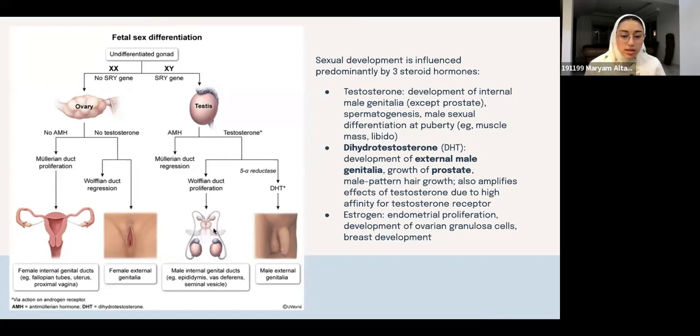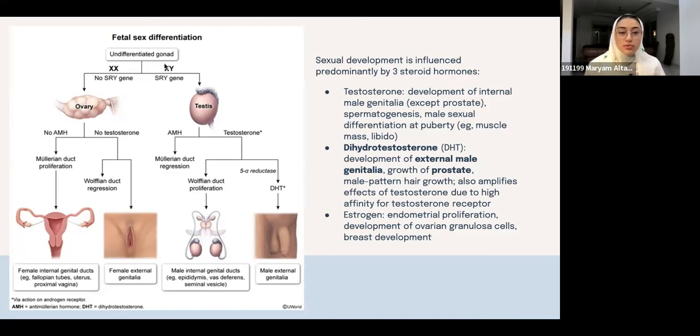So everything except the prostate. Then you have dihydrotestosterone, which is important for your external male genitalia and the growth of your prostate, also male pattern growth, and it helps to increase the levels of testosterone. And then estrogen is important for endometrial proliferation and breast development. This is generally what we talk about later, but this is what's important for you to know.